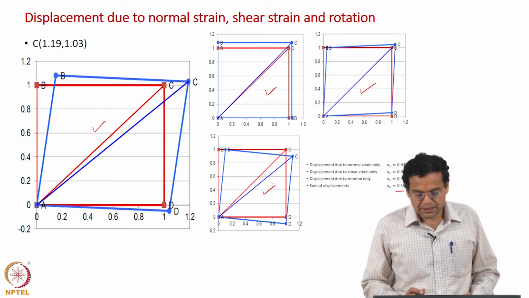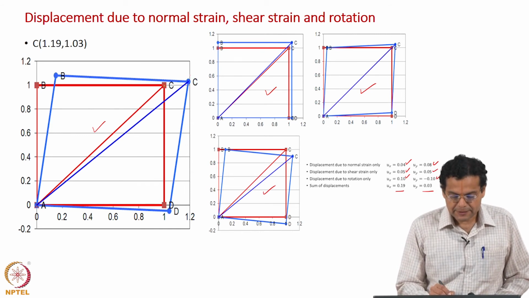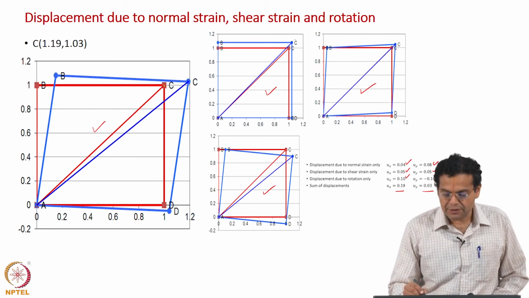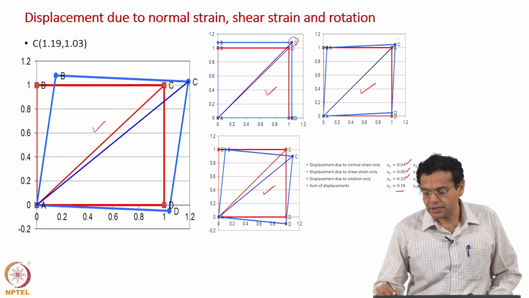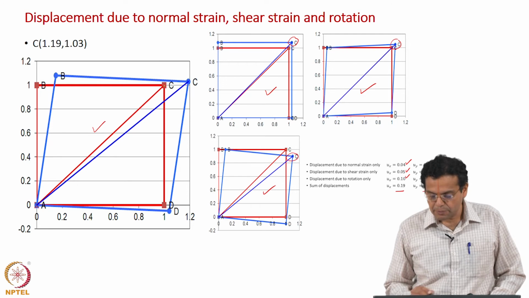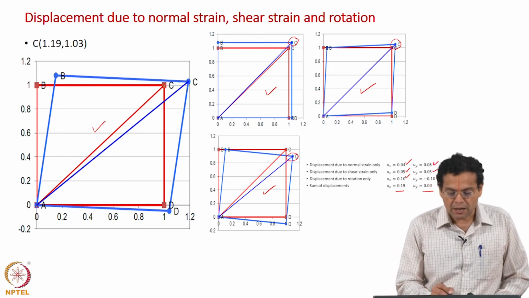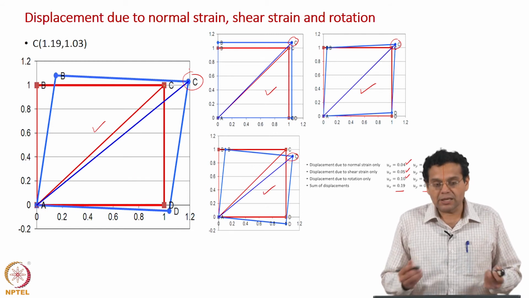And just to mention about this coordinate C, of course obvious, look at this. Start with the normal strain, there is positive x displacement, and due to shear strain also there is positive x displacement, due to rotation also positive displacement. That is why all of them get added and you have a large positive total displacement.